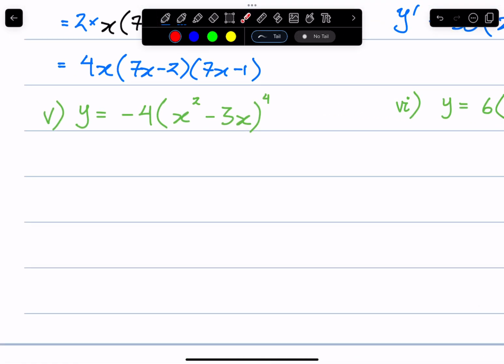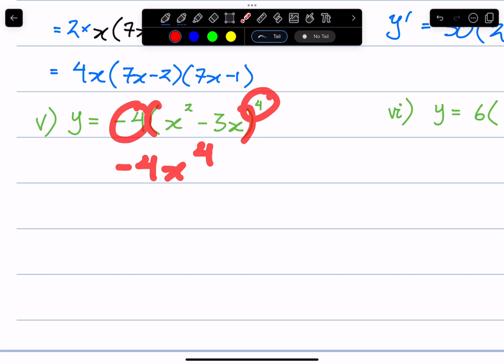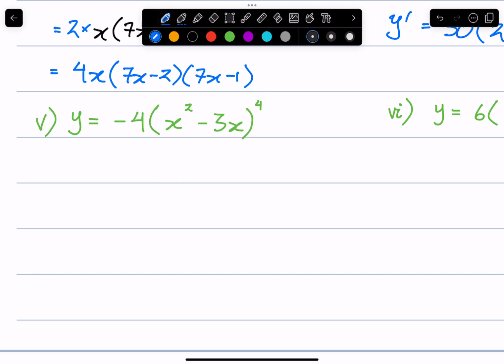Once again, I hope you can recognize the two functions. We have negative 4x to the power of 4. That derivative, we bring this power and multiply it to the front. Negative 16 x to the power of 3, keeping everything on the inside the same.